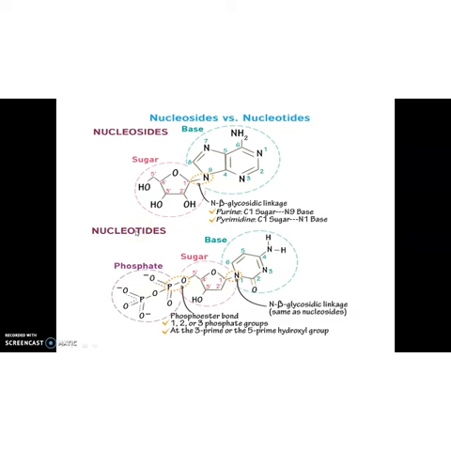Clear children? So if a phosphate group is also found esterified to the sugar, they are called nucleotides. So adenosine, guanosine, thymidine, uridine and cytidine are nucleosides, whereas with the phosphate group attached, we call them nucleotides: adenylic acid, thymidylic acid, guanylic acid, uridylic acid and cytidylic acid, etc.